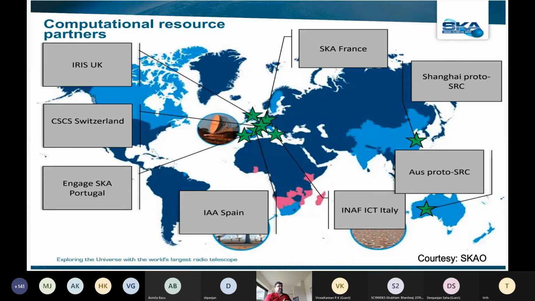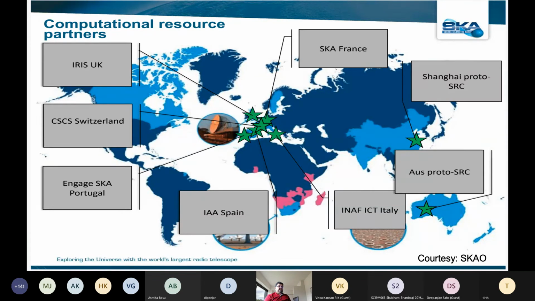I think the idea was to have teams across the globe participate in this and actually reduce their data in one of these proto-SRCs when you get time, and see how it works.